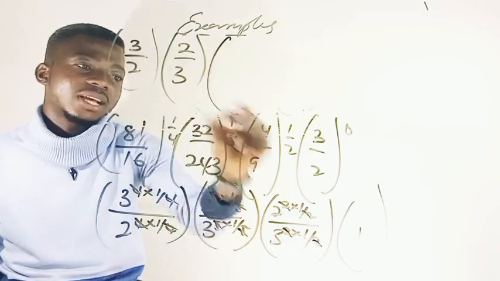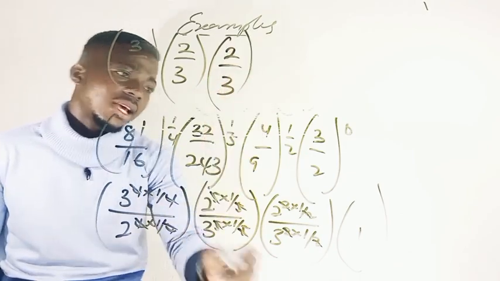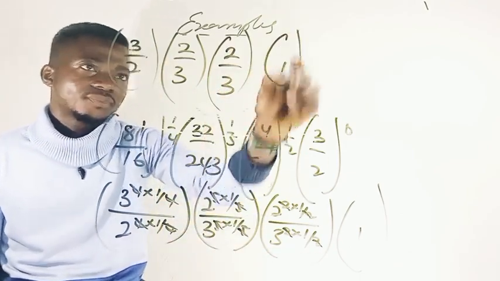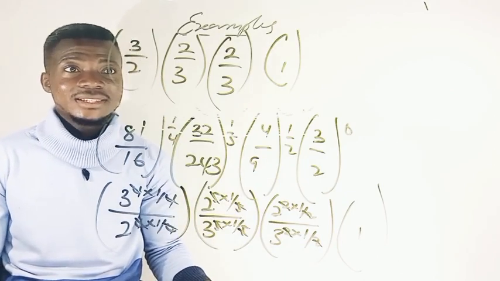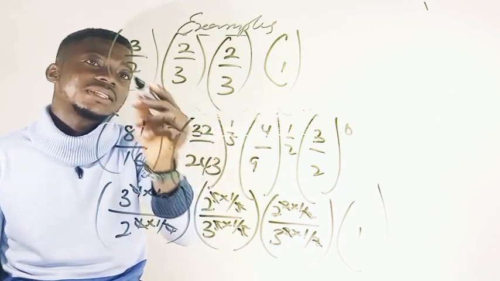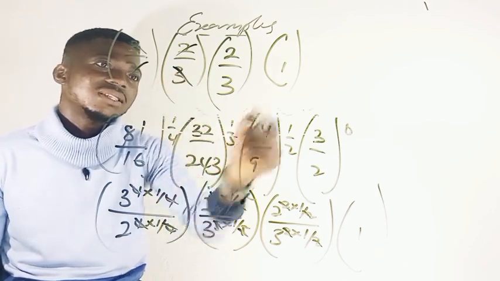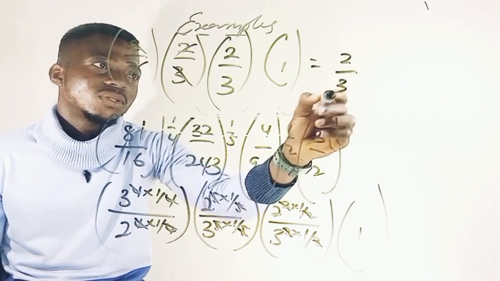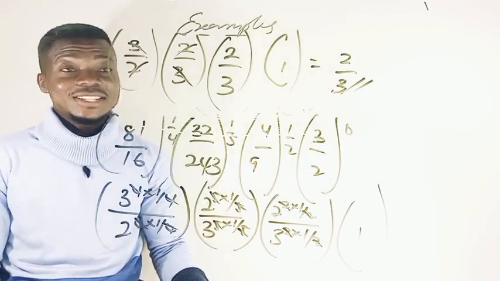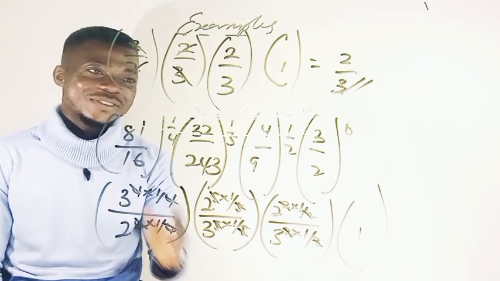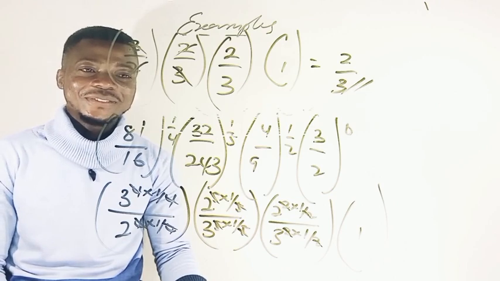I'll be left with another 2 over 3. And here will be 1. So you multiply these ones. Some of them will just cancel, right? So multiplying these ones, this one cancels that. This one cancels that. The answer is 2 over 3. That's the answer. Isn't it all simple? It is, right? So this one cancel, and then you are just good to go, right?